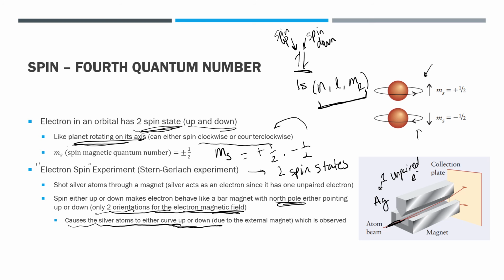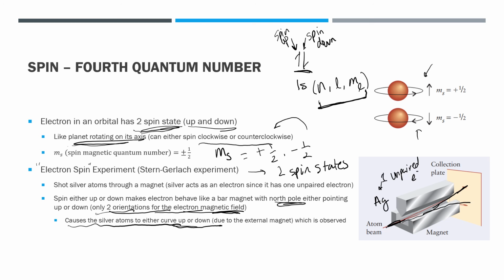Because of these different orientations, the magnet is going to interact with the silver atoms differently depending on the spin state of the electron. This causes the silver atoms to either curve up or curve down based on the force that the external magnet exerts.